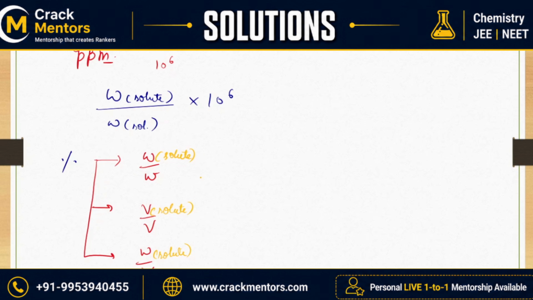In weight by weight, the denominator is the weight of solution. In volume by volume, again it is the volume of solution. In weight by volume, again it is the volume of solution, into 100.